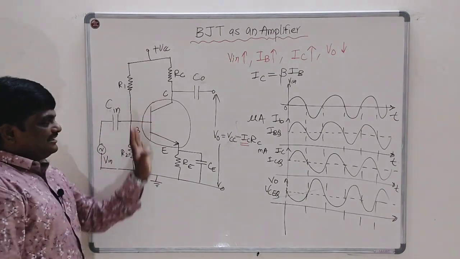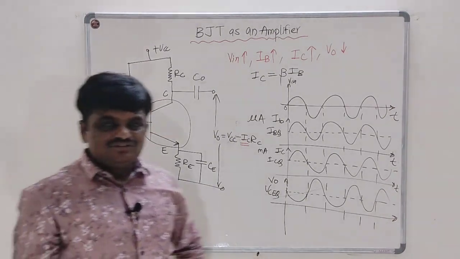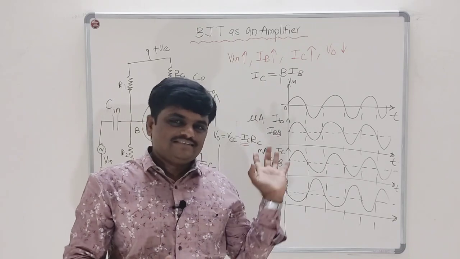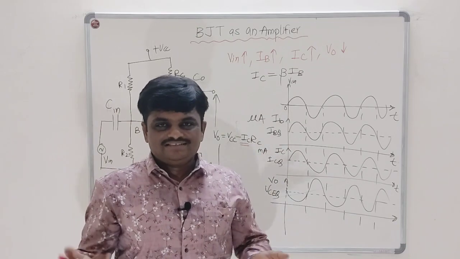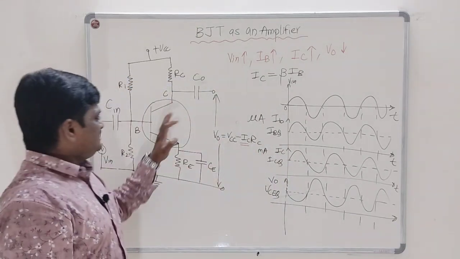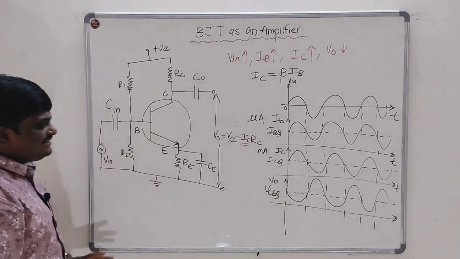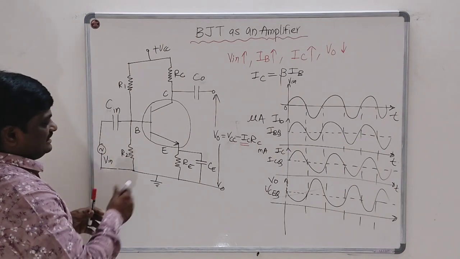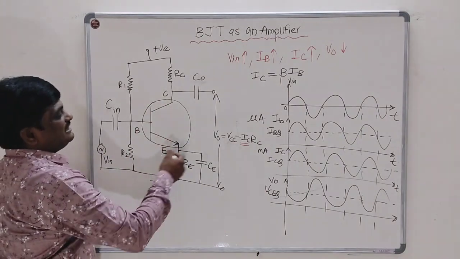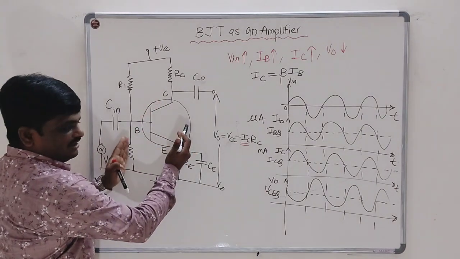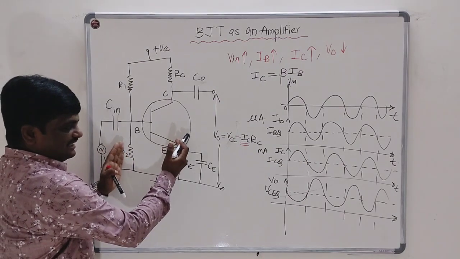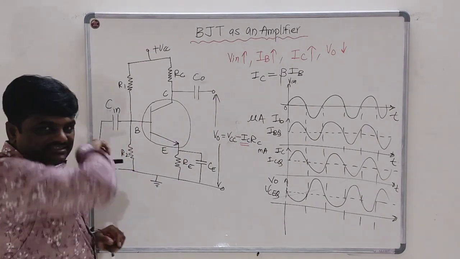Instead of this voltage divider bias circuit, you can use any biasing circuit, but as the Q point stability of this circuit is more, we are using this circuit in this amplifier. In this circuit there is only one stage of the transistor as an amplifier. Now what is a multi-stage amplifier?